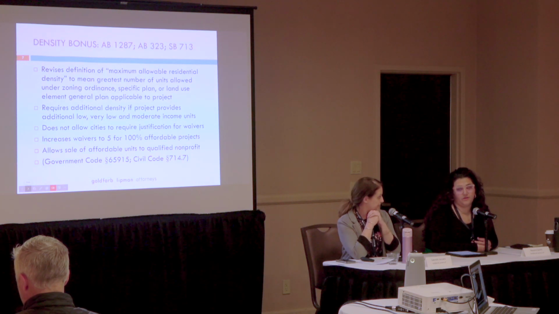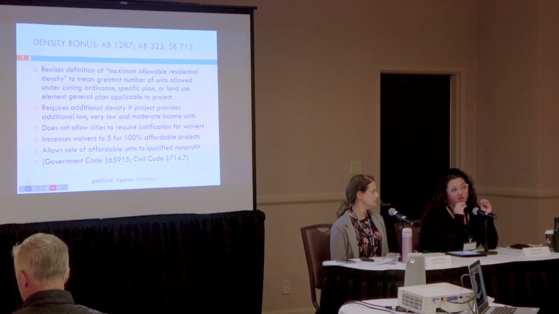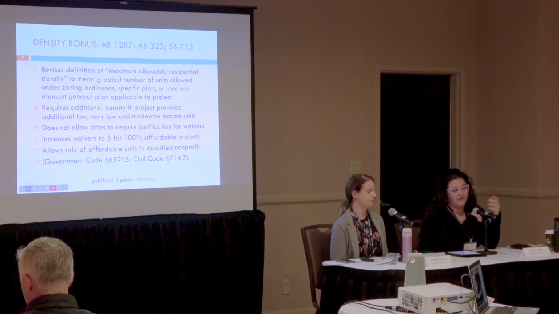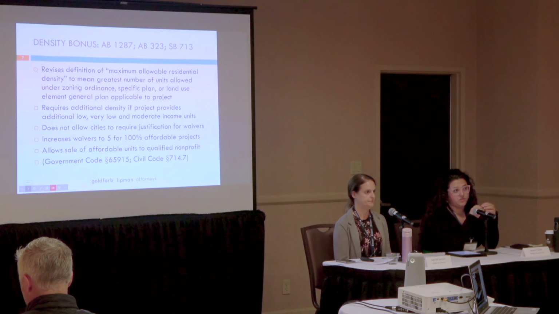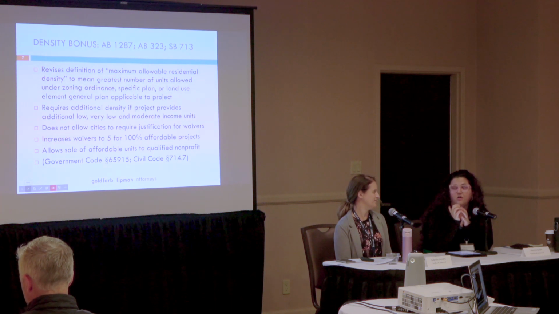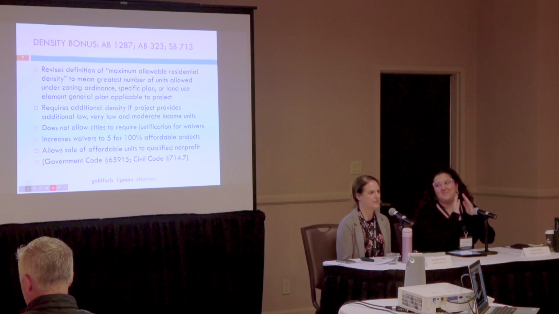Yeah, and to reiterate the difference between a waiver and a concession or an incentive. A waiver is you would waive a development standard that is a financial burden, so that would financially prevent you from building the project, whereas incentives or concessions are development standards that would physically prevent it. In the end, it ends up being very similar.